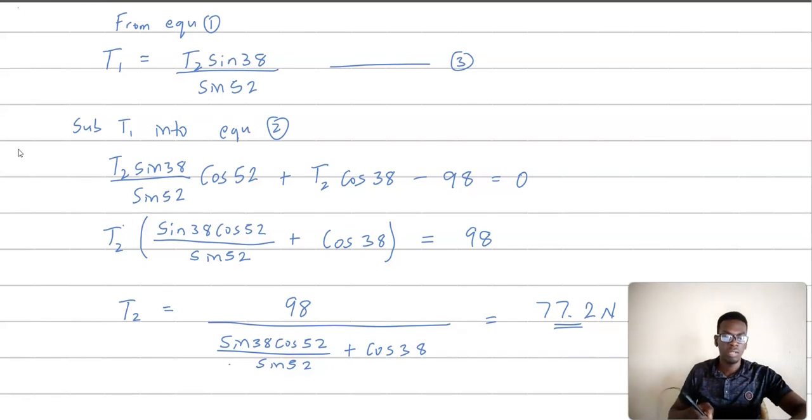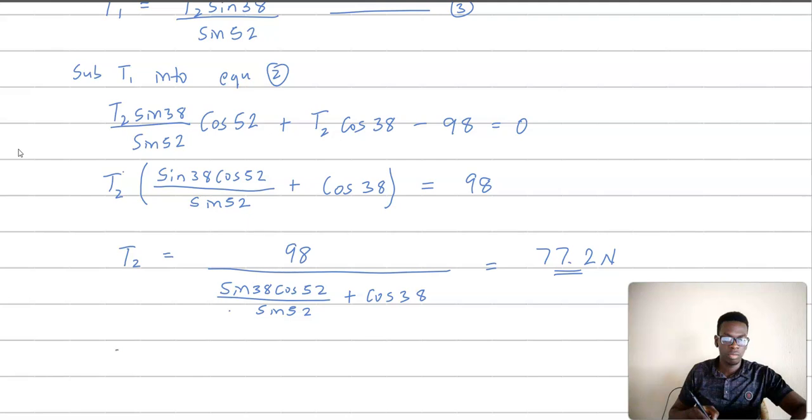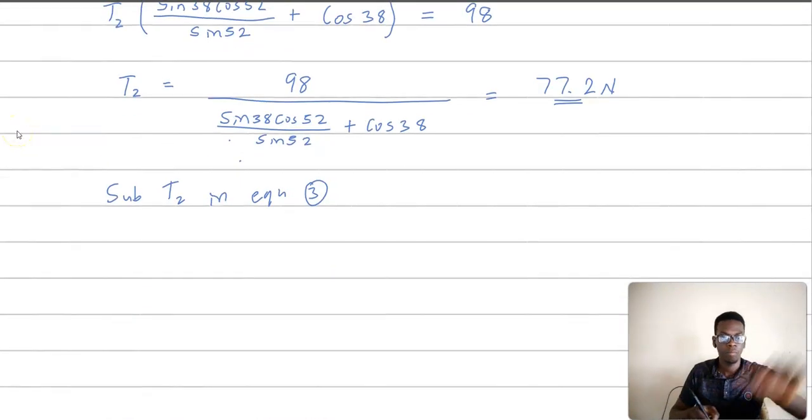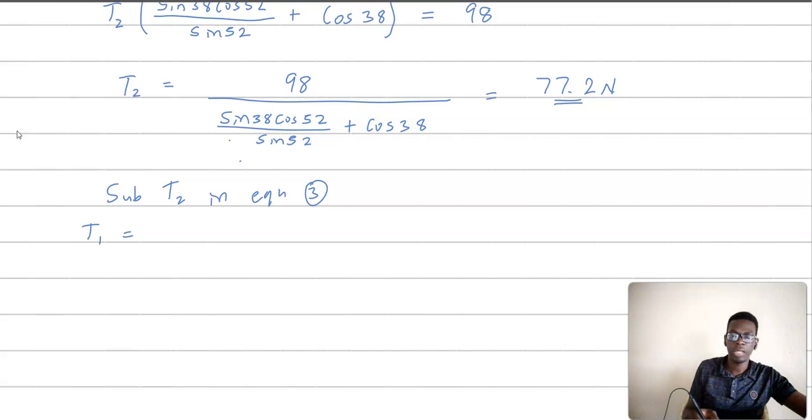So we have substituting T2 in equation 3, and we have T1 equal to T2, but we calculated T2 to be 77.